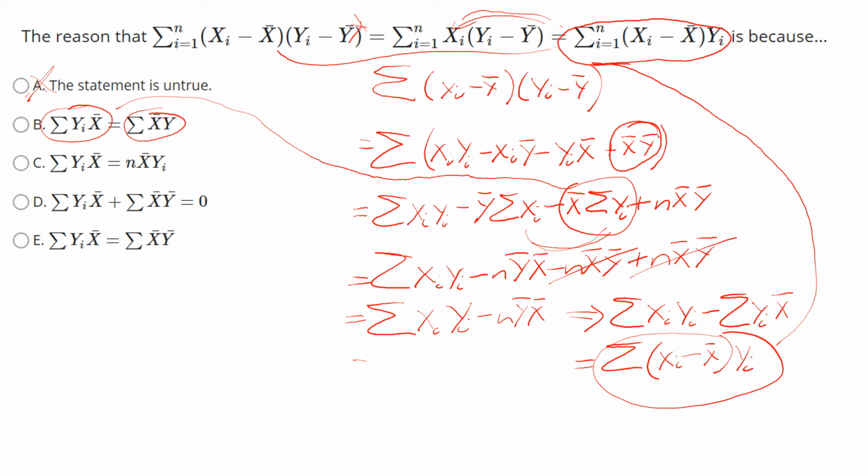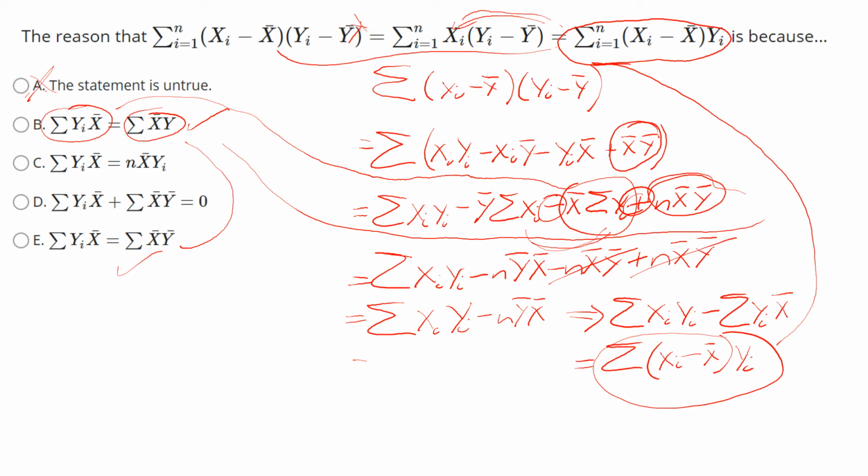That one is identical to this term over here. In this expression there was a plus and there a minus. However, these two things are in fact equal. So this statement is true. And I believe E is the same one, so that too is correct. Okay, so far so good.